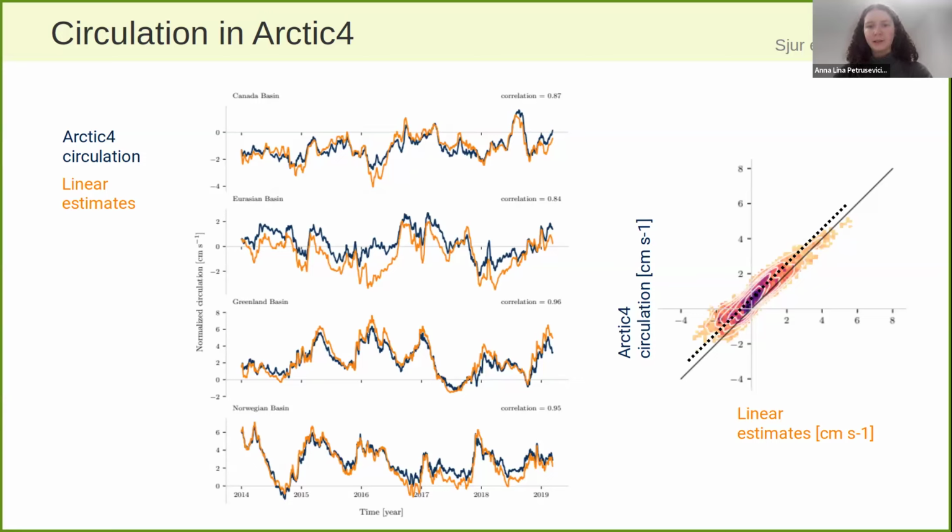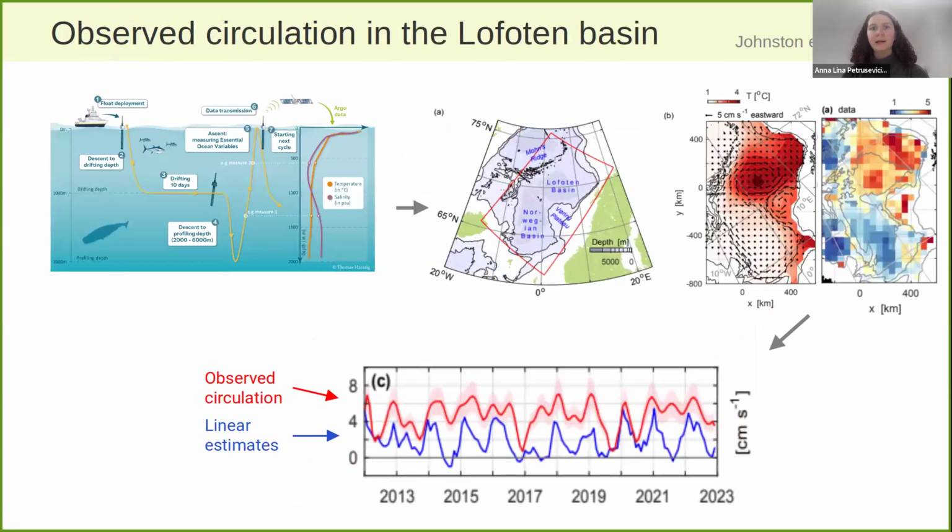We actually got a chance to look a bit deeper into this in observations, and specifically in a region in the Norwegian basin, which has a lot of eddy activity, namely the Lofoten basin. So we had Sean Johnson from Scripps visiting us, working with Argo floats.